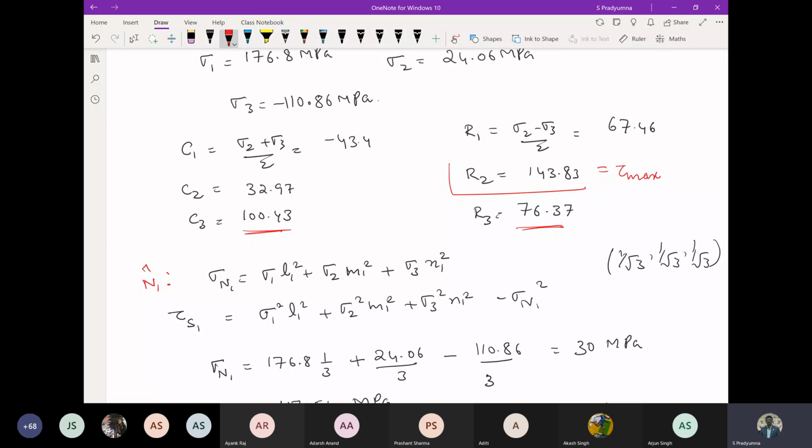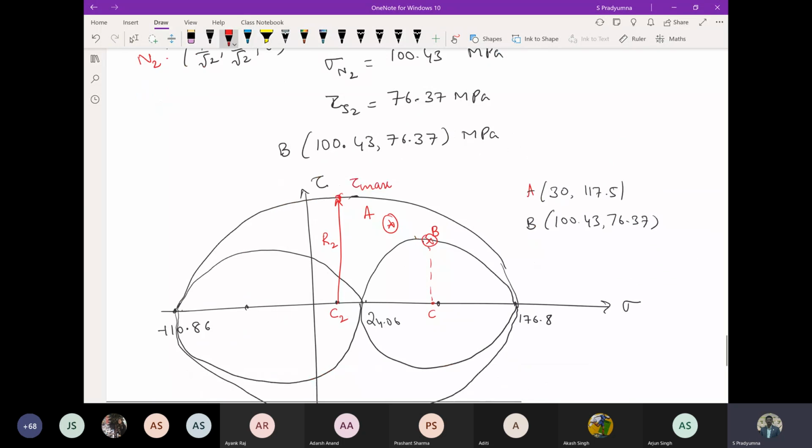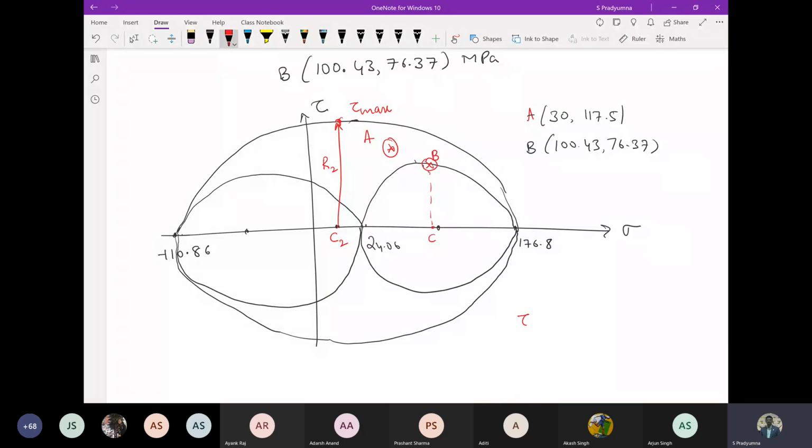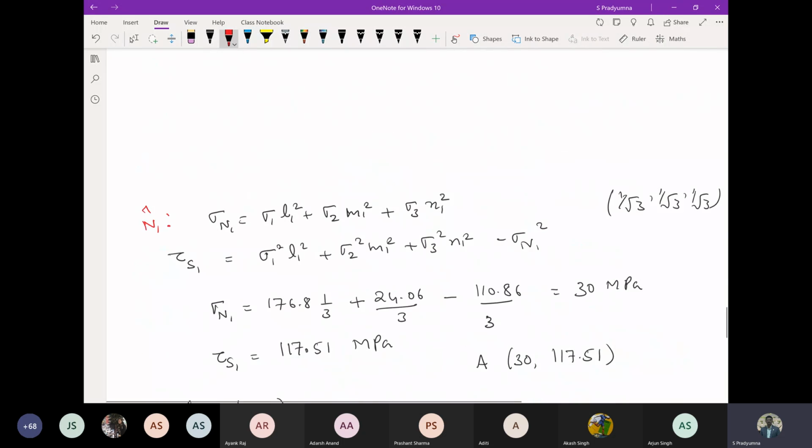For this particular problem, tau max is equal to 143.83 megapascal, and the maximum normal stress is sigma 1. This is the sigma max, and sigma 3 is equal to sigma minimum. So this is the range of values at that particular point for the given state of stress.